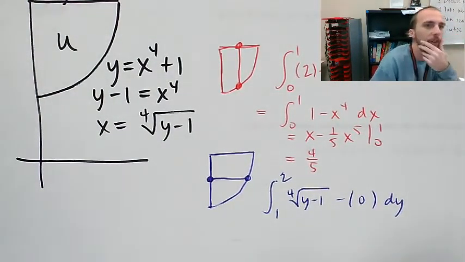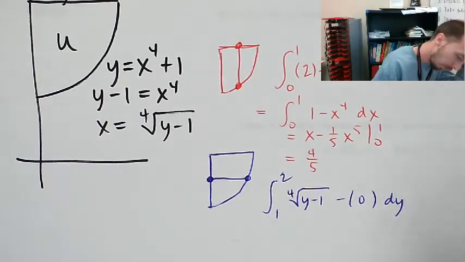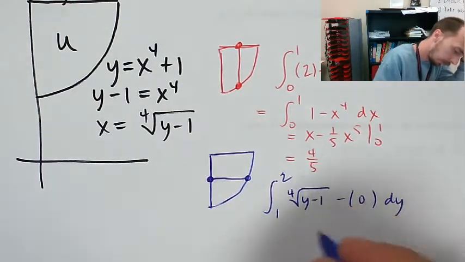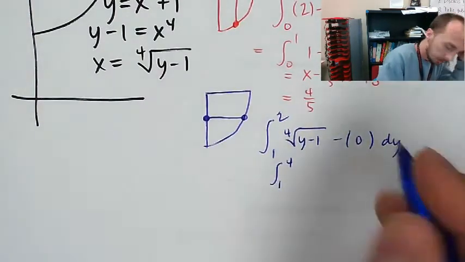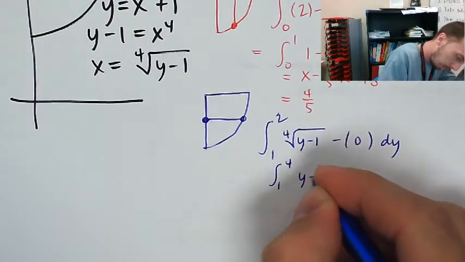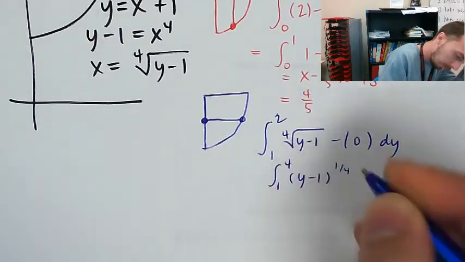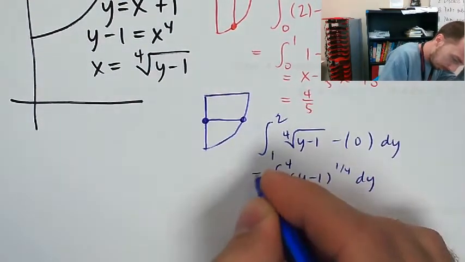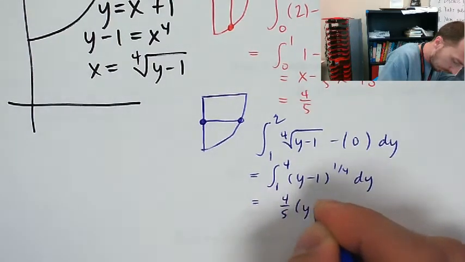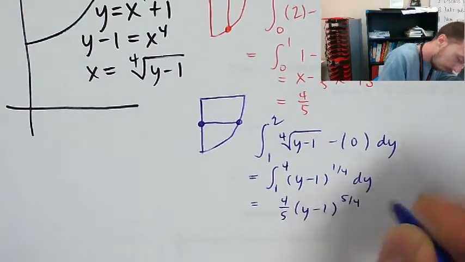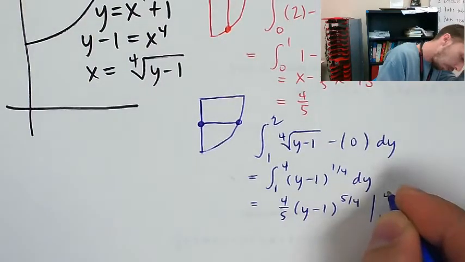You could kind of investigate a little more. y is going to range from 1 to 2. So this is the integral from 1 to 2, give myself a little more room, of y minus 1 to the 1/4 power. So 4/5 of y minus 1 to the 5/4 as y runs from 1 to 2.